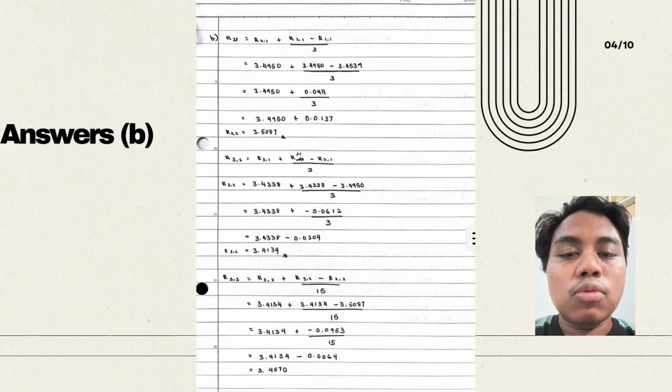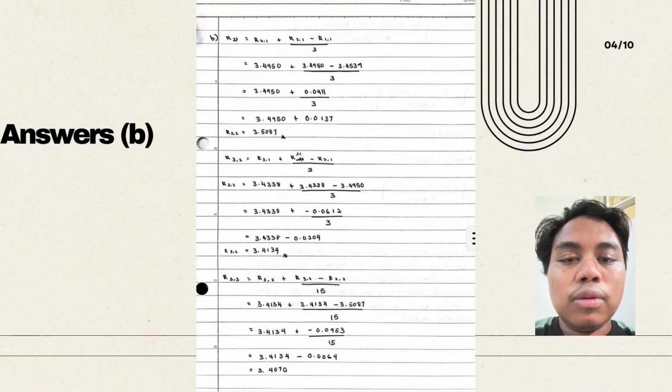The difference is 0.0411. Next, 0.0411 divided by 3 equal to 0.0137. The final R2,2 equal to 3.4950 plus 0.0137. So the answer will be 3.5087.